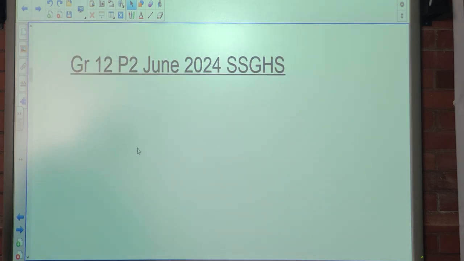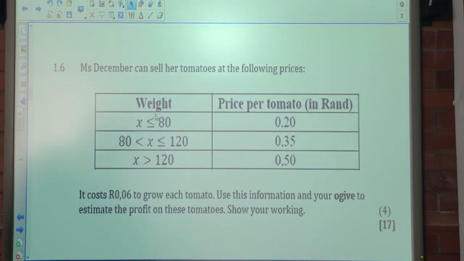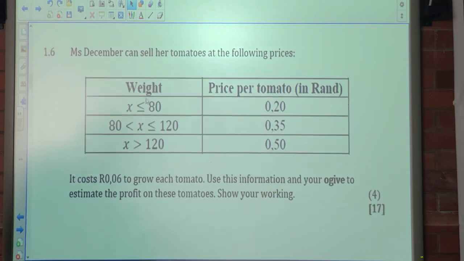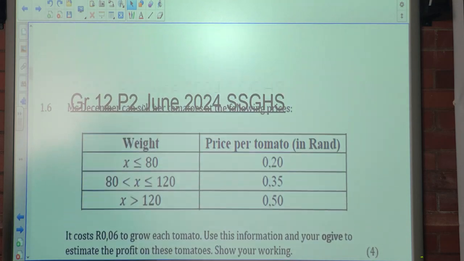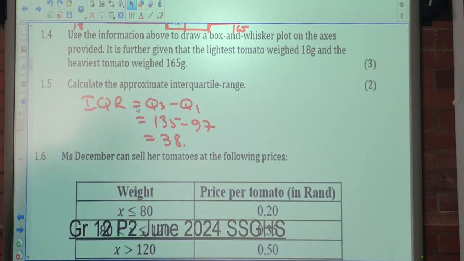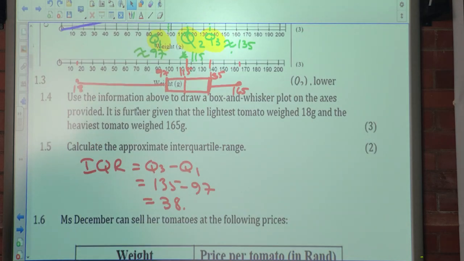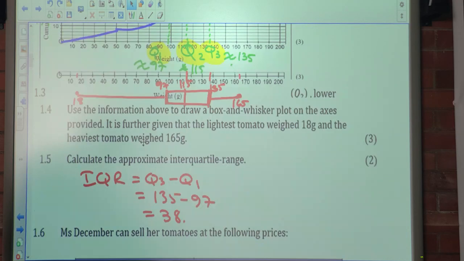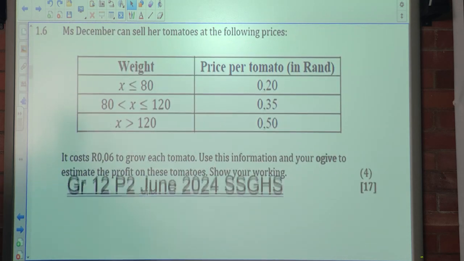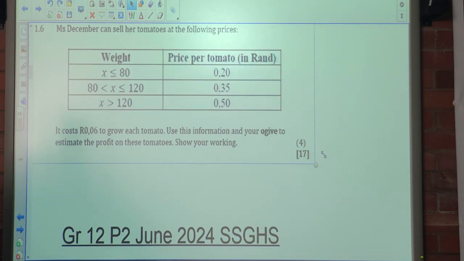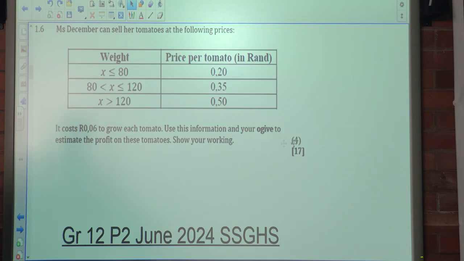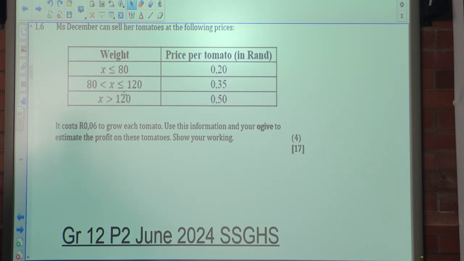Then we are told that Ms. December sells the tomatoes as follows. We are told that for a weight less than 80 grams, it is rands per tomato.